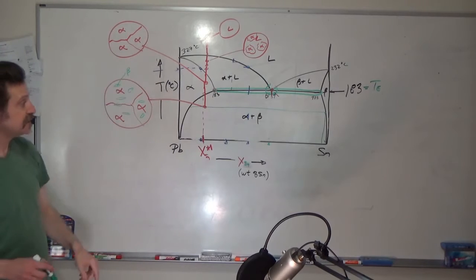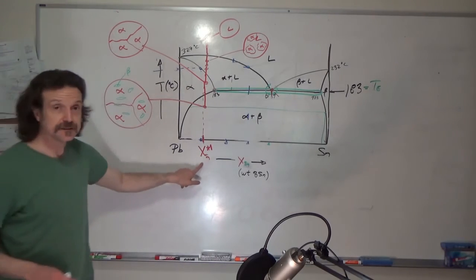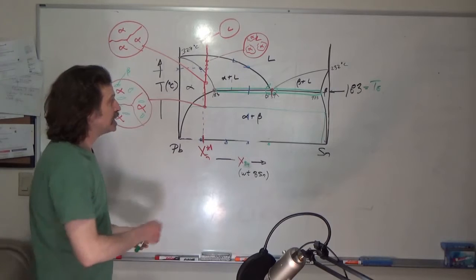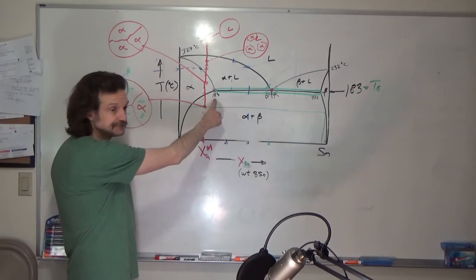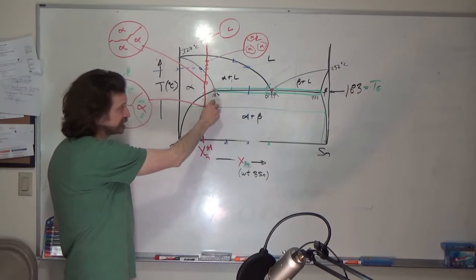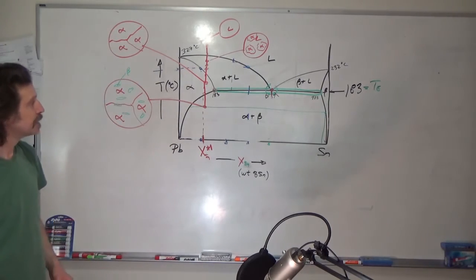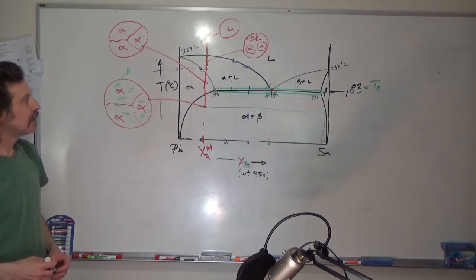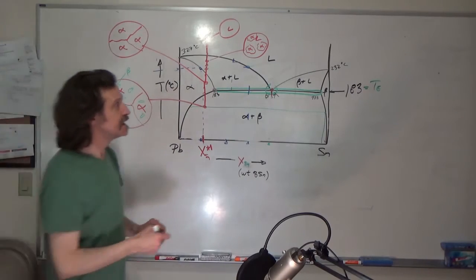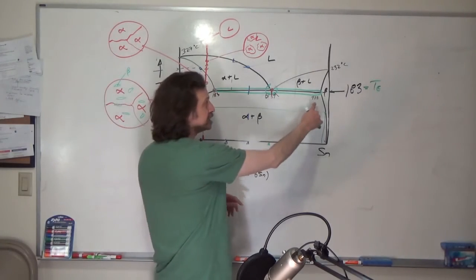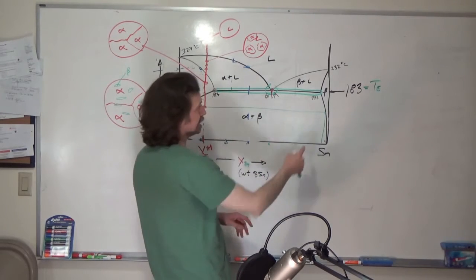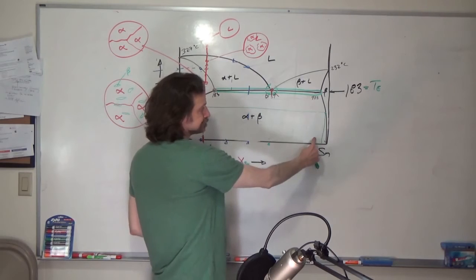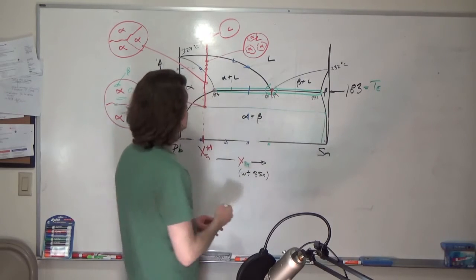So that's what happens as we cool down a system from liquid, and we are to the left of this tip, which is the 18.3. Now, the same thing happens if we cool down to the right of this 97.8 weight percent tin.